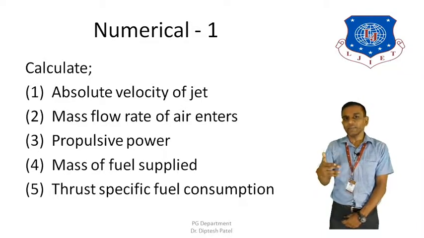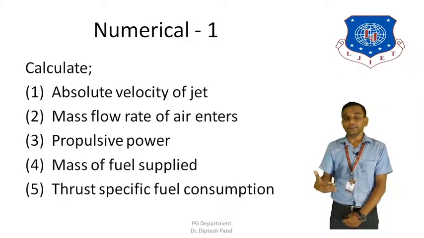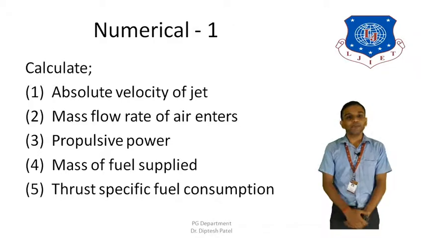So that would be a subtraction of the velocity of gas which is leaving the nozzle from the velocity of air which is entering into the diffuser or into the aircraft. So first thing that we need to calculate is the absolute velocity of jet, means the subtraction between Cj, which is the velocity of gases leaving the jet, and the velocity of air which is entering into the jet.